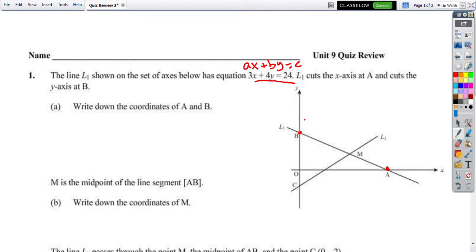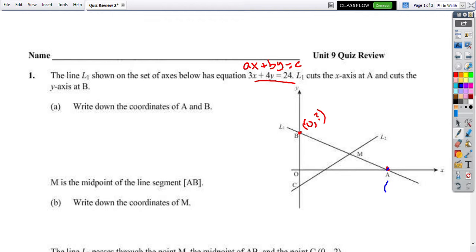So this point B has the coordinates (0, something), okay? And I need to go figure out what that something is. And likewise, this point A over here is on the x-axis, the x-intercept, and all the points here are like (3, 0), (4, 0), (5, 0), (6, 0).